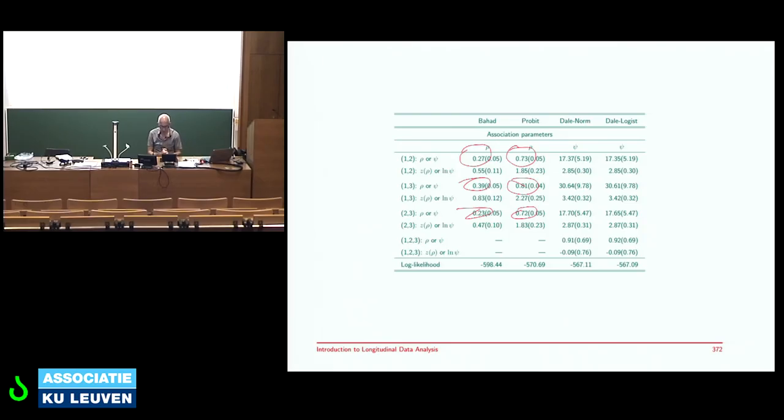In psychometrics, people would call the Bahadur correlations manifest. These correlations were introduced, remember the Bahadur model, without any use of an underlying variable. We just do it on its own terms. We build a logistic regression, and then we have the correlations directly of the binary outcomes. The probit model has correlations of the underlying bivariate or multivariate normal variable.